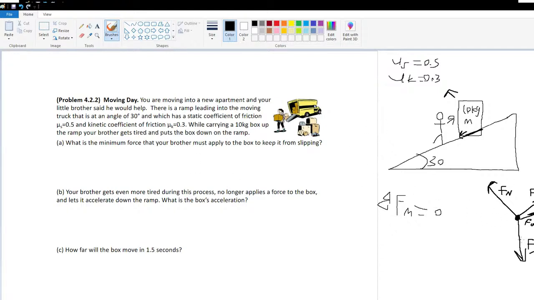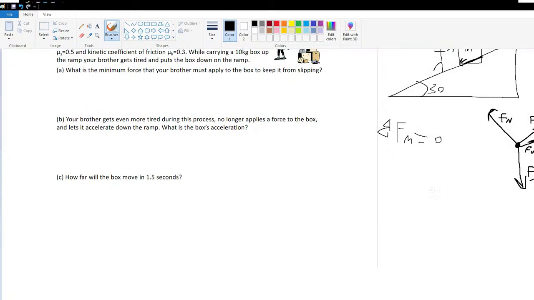So we have to figure out what combination of these known and unknown forces we need in order to get this to be static. With ramp problems like this, it's a lot easier to not have these all at weird angles. If only the force of gravity is at a weird angle, it makes drawing a lot easier. So we can redraw it with our normal force pointing directly up.